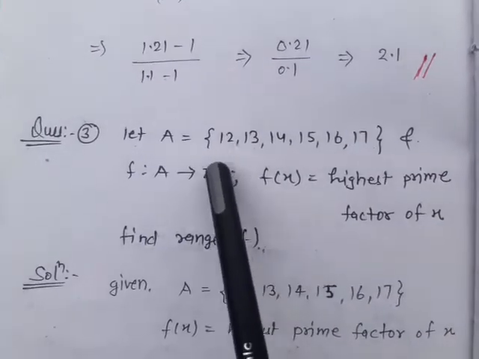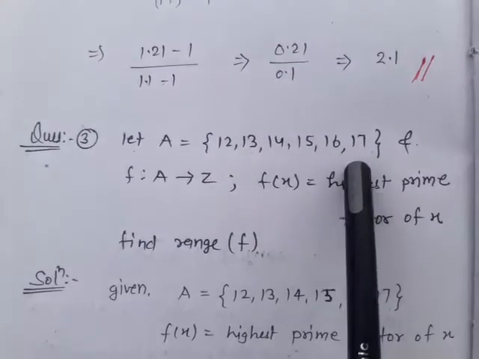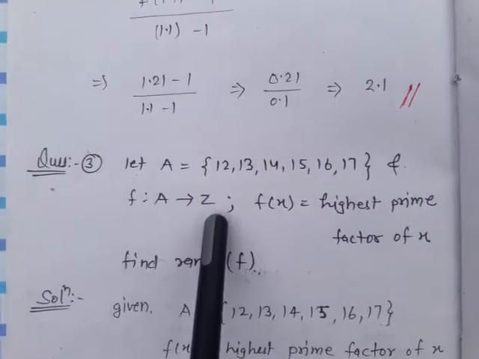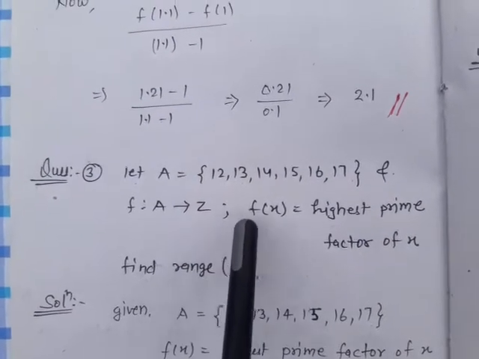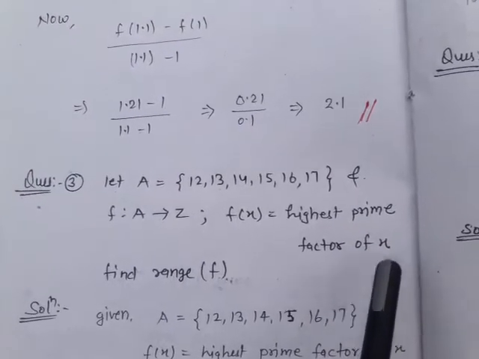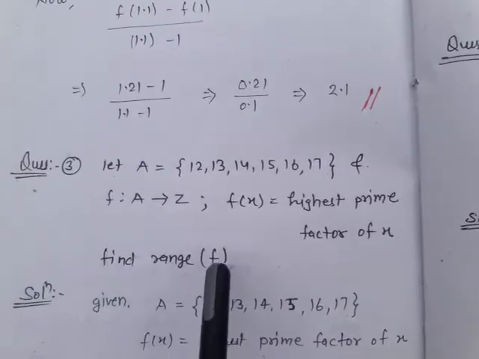Let A be equal to {12, 13, 14, 15, 16, 17} and a function f defined from A to Z, where Z is the set of integers, such that f(x) is equal to the highest prime factor of x. Find the range of f.